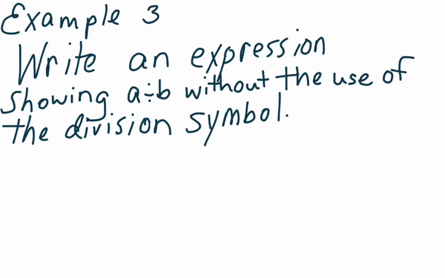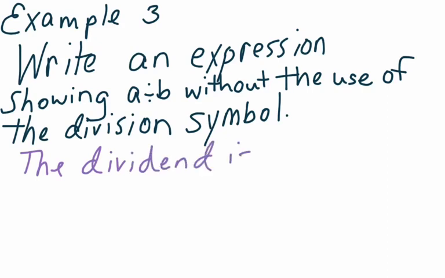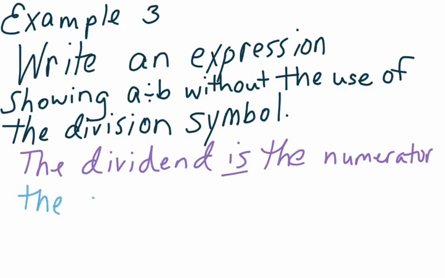Alright, so the dividend is going to be the numerator and the divisor is going to be the denominator. So the dividend is the numerator, which is the top number, and the divisor is the denominator or the bottom number.